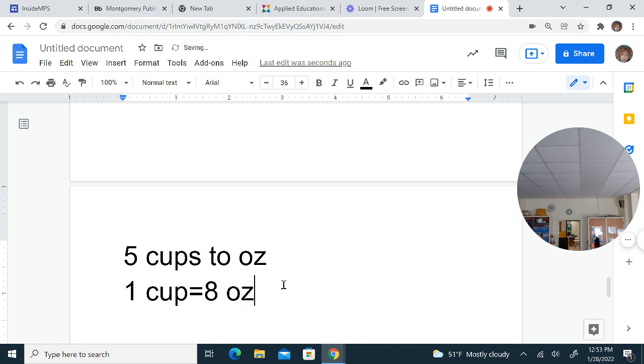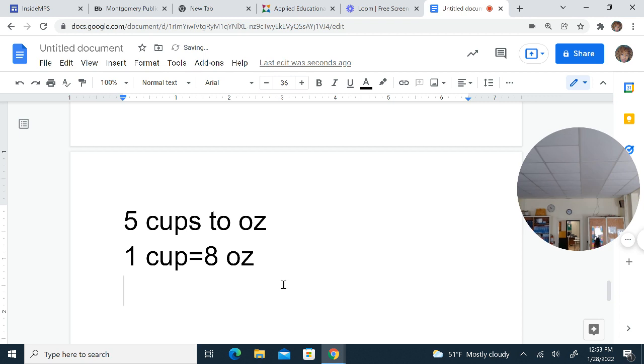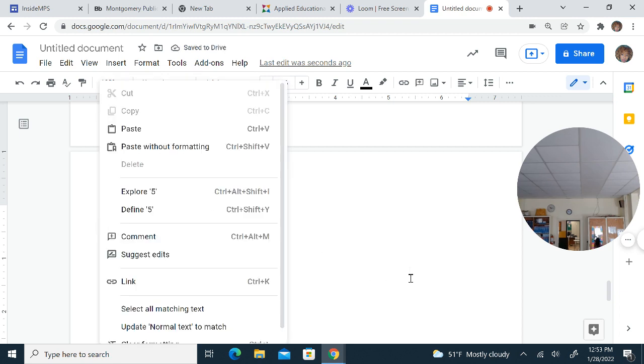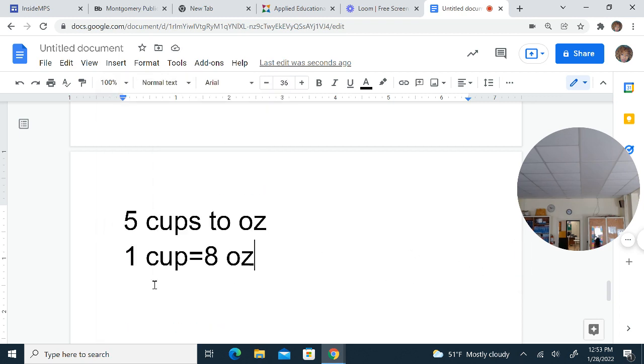First step. 5 times 8 equals 40. So that's 40 ounces. That one's pretty easy too.